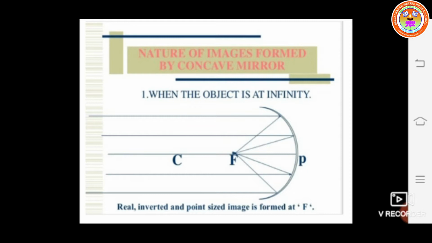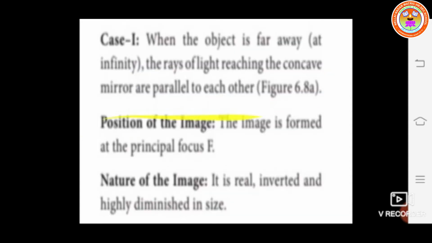Before you draw the ray diagram, you must note the points P, C, F. First mark the pole P. Next draw the principal axis, and then mark the center of curvature C. Between the center of curvature and the pole there is also the focal point, that is F. So first case, when the object is at infinity, the incident ray is parallel to the principal axis.